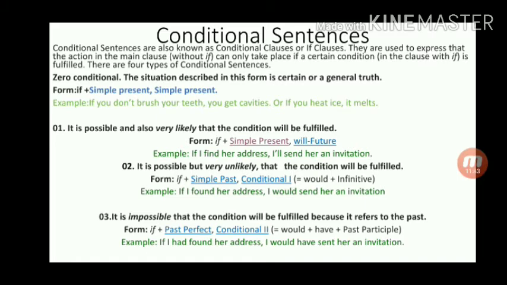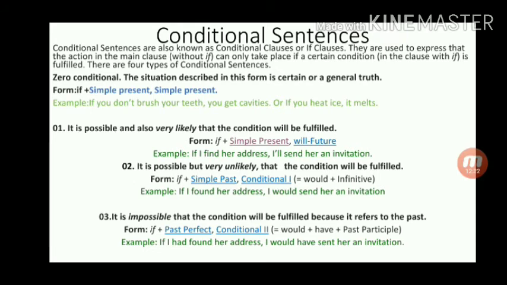The form of this type of conditional is if plus past perfect. The if clause is formed in the past perfect tense, while the main clause is formed with would plus have plus past participle. For example, "If I had found her address, I would have sent her an invitation."